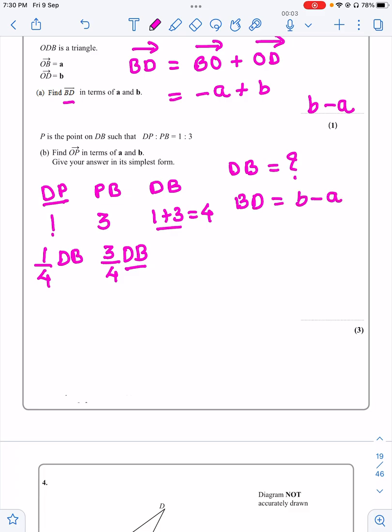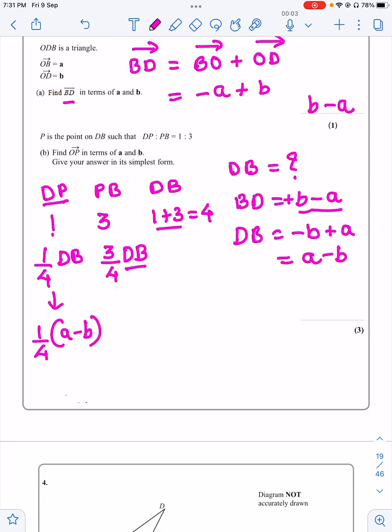BD is B minus A. So DB will be opposite of this, means plus B will become minus B and minus A will become plus A. So DB is A minus B. So here again I can write 1 upon 4 (A minus B), which is the value of DP, and PB will be 3 upon 4 (A minus B). These both values you should know.